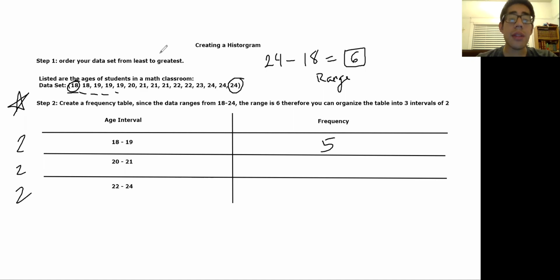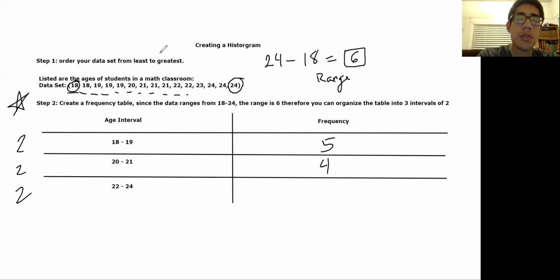The next interval, the numbers are between ages 20 and 21. So that's 1, 2, 3, 4. There's only 4 numbers. From here, we need to count the last ones, 22 to 24. So how many numbers are here?